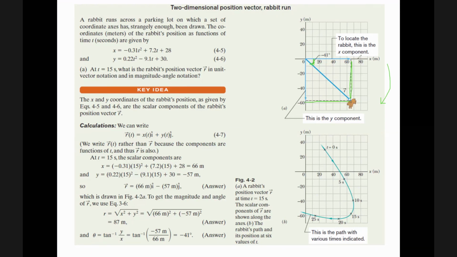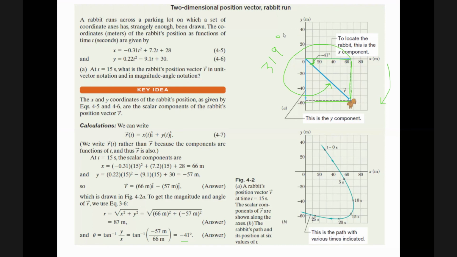Or instead of saying minus 41, you can say the rabbit is at 319 degrees, counterclockwise, because 360 minus 41 is 319. Okay, this is the first example.